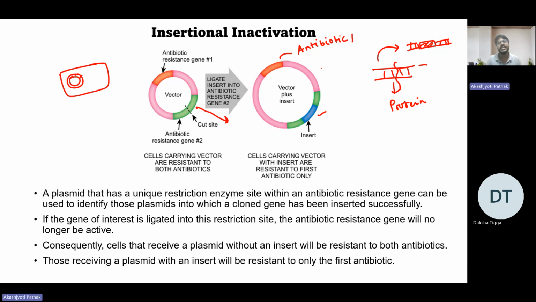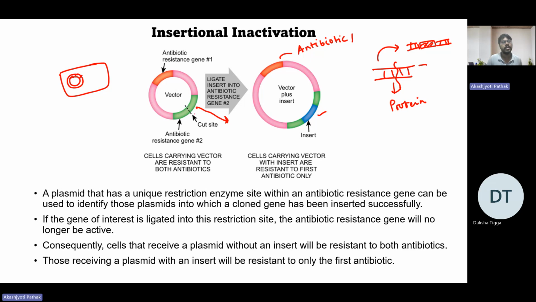So that is insertional inactivation. The idea of insertional inactivation is that if you are inserting something, it results in inactivation of the gene. So your insertion of your gene of interest is inactivating that particular gene.